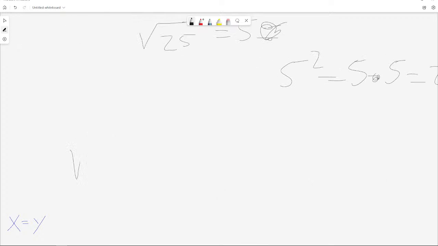So therefore, the square root of 16 is equal to 4. And we know that because 4 times 4, or 4 squared, equals 16. The square root of 4 is actually 2. So the square root of 16 is equal to 4.